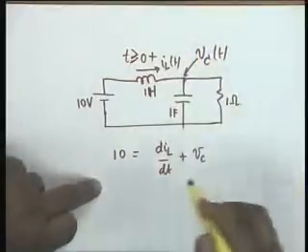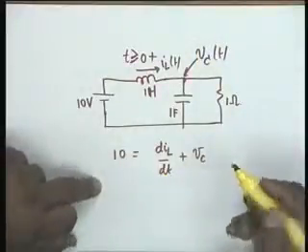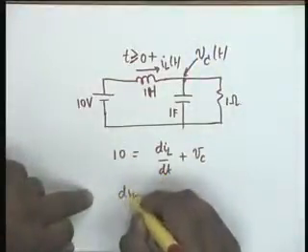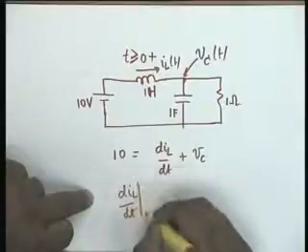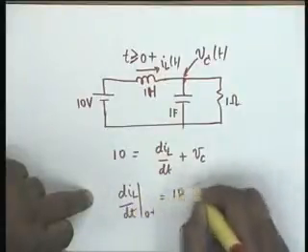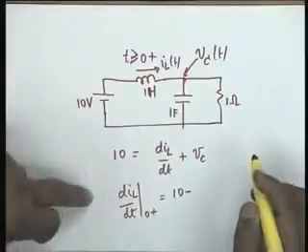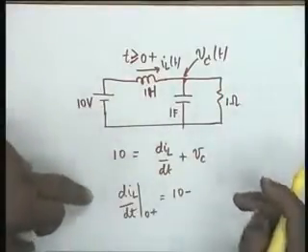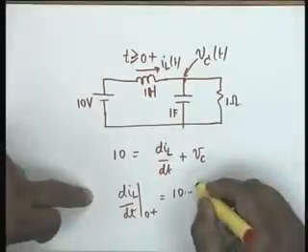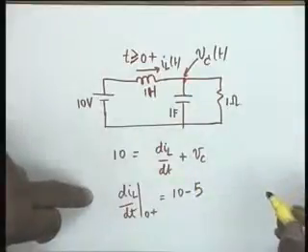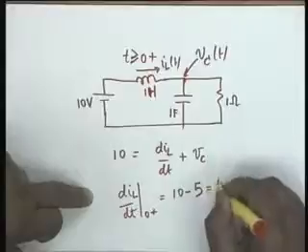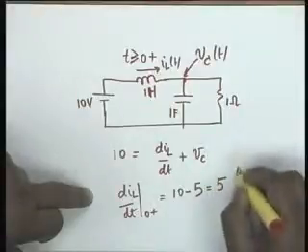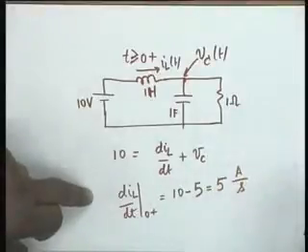Then I put t equal to 0 plus. Obviously dIL dt at 0 plus would be equal to 10 minus Vc at 0 plus. Now Vc at 0 minus was 5 volt, therefore Vc at 0 plus is also 5 volt, and therefore this would be 10 minus 5, and the quantity is 5, the unit being amperes per second.